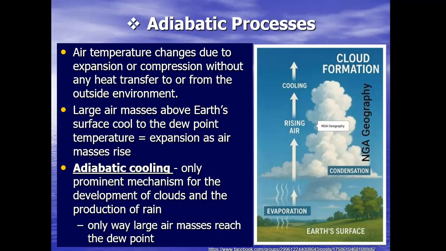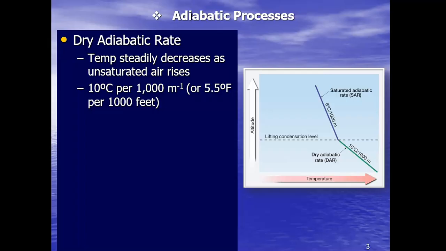So this is how air masses reach the dew point, which is vital if we want to see clouds and precipitation, or if we expect to see them, rather. And that will help us then understand more severe forms of weather that might be associated with storms.